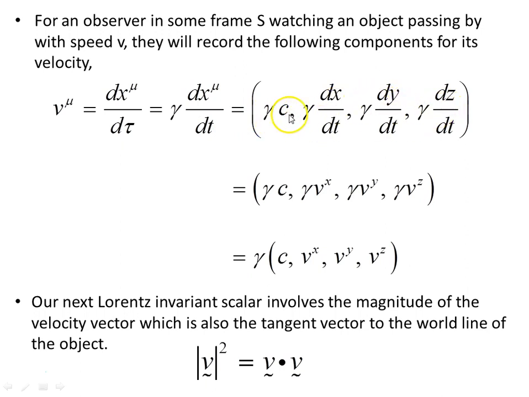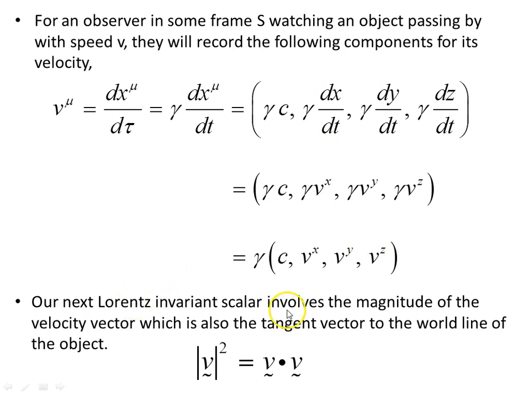Gamma is the Lorentz factor here. The object is moving past at constant speed v, whatever that v is. Now these can be written as v contravariant x, v contravariant y, v contravariant z. And then we take the gamma factor out front and we can have c, vx, vy, vz. So, a bit nicely represented.